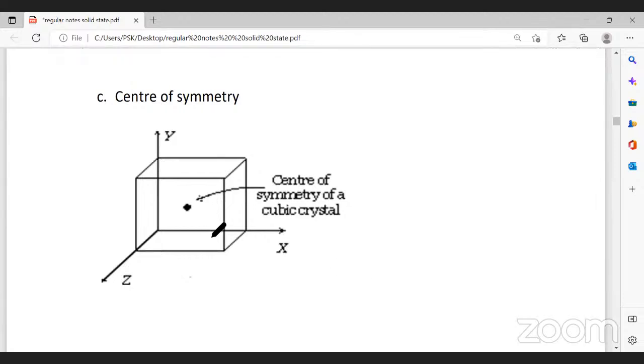It's a point in a crystal that any line drawn through it intersects the surface of the crystal at equal distance.